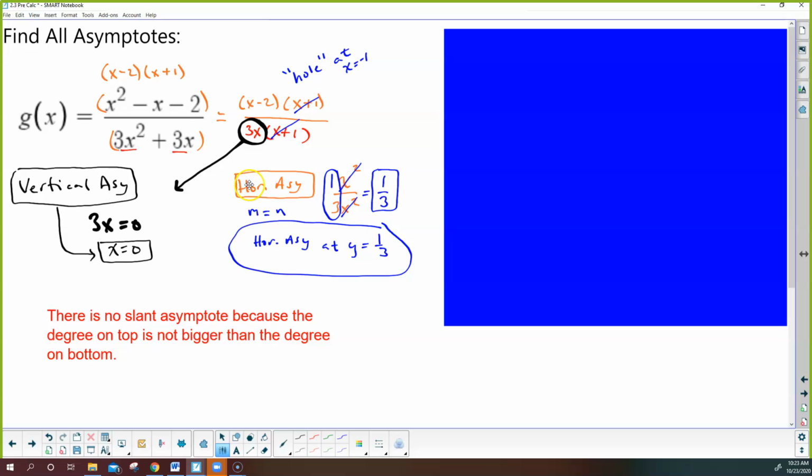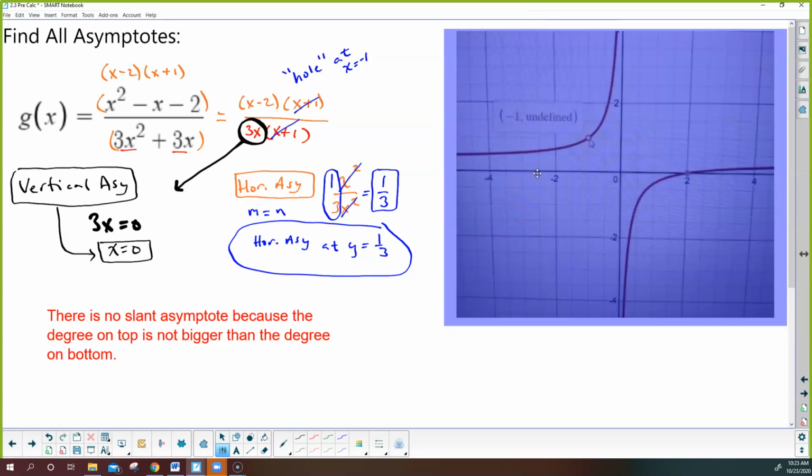You won't have a horizontal asymptote and a slant asymptote at the same time unless it's a really crazy function. So let's check and see, what does this graph look like? And I have to be really careful.